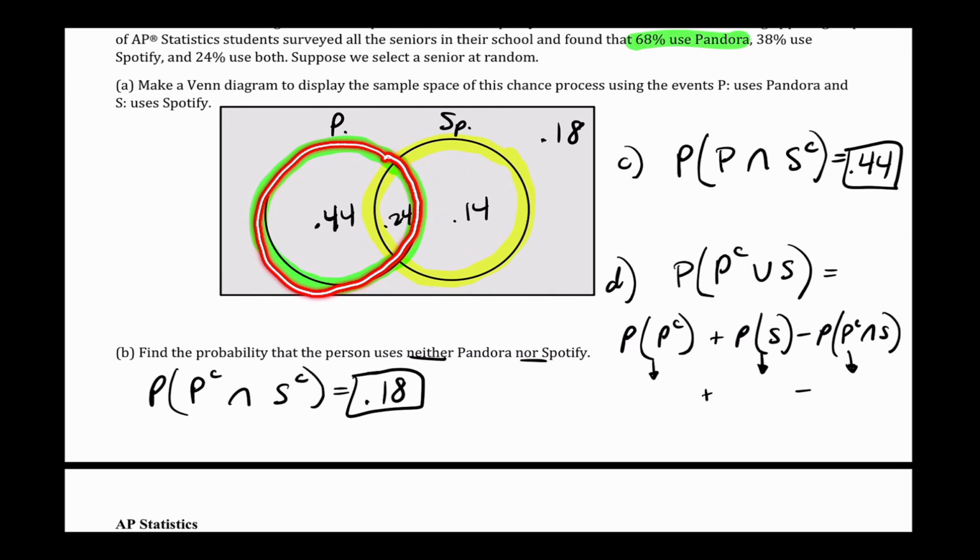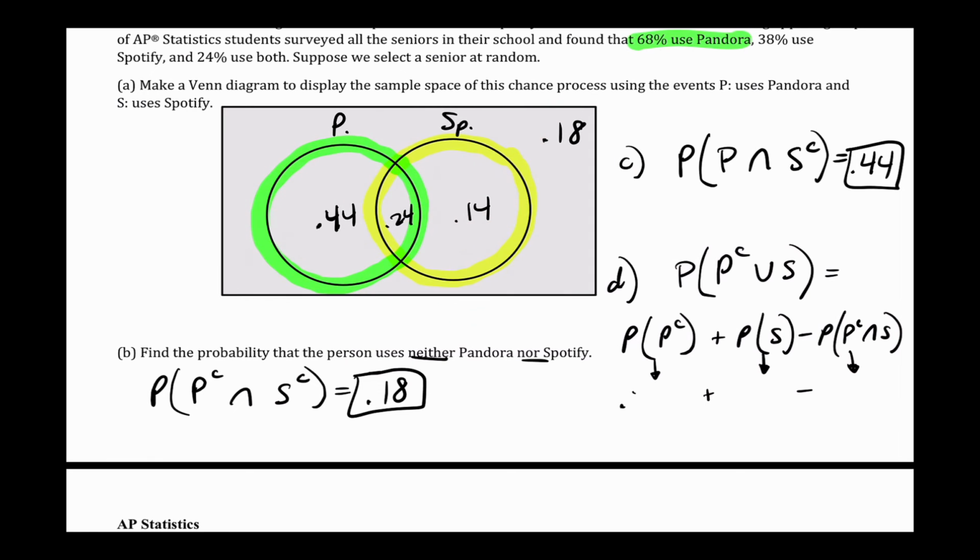The ones not in this green circle are 14 and 18, both of those, 0.32. Next is the probability of Spotify. Everyone who's a Spotify user is in here, so 14 plus 24 is 38.